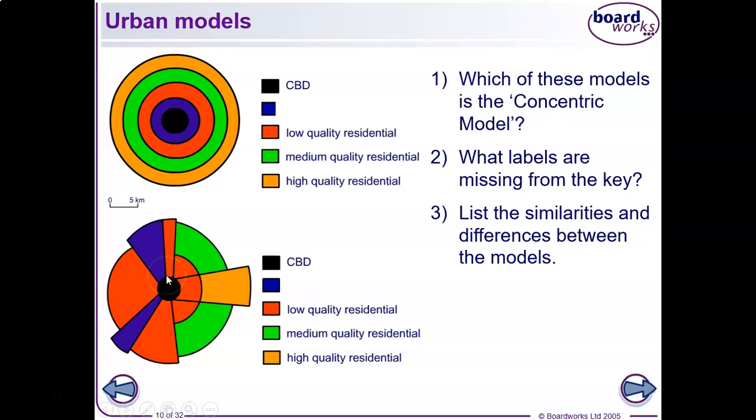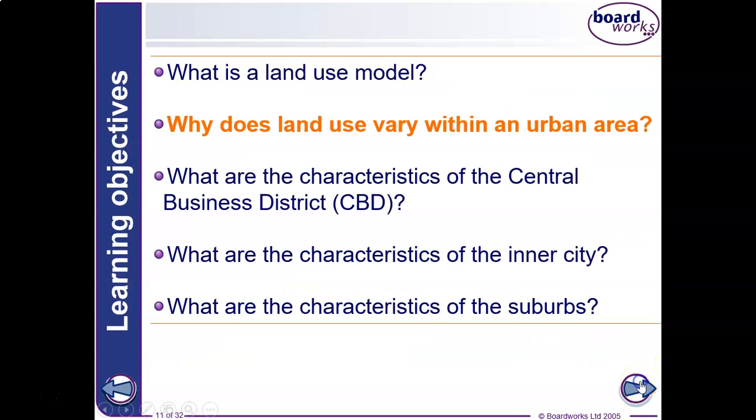There is growth of the city radiating out on both of them, but it's a much more even growth in the concentric model, whereas Hoyt's is very much concentrated along these routeways. So that's the kind of thing that you're talking about.